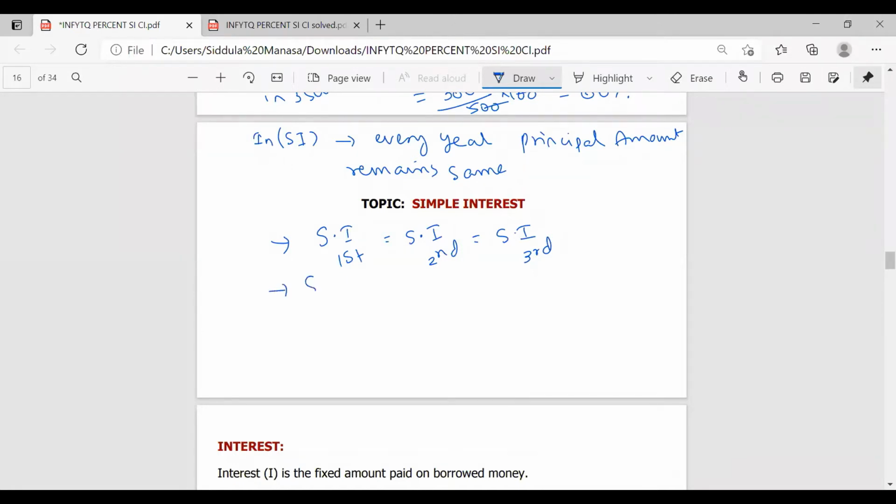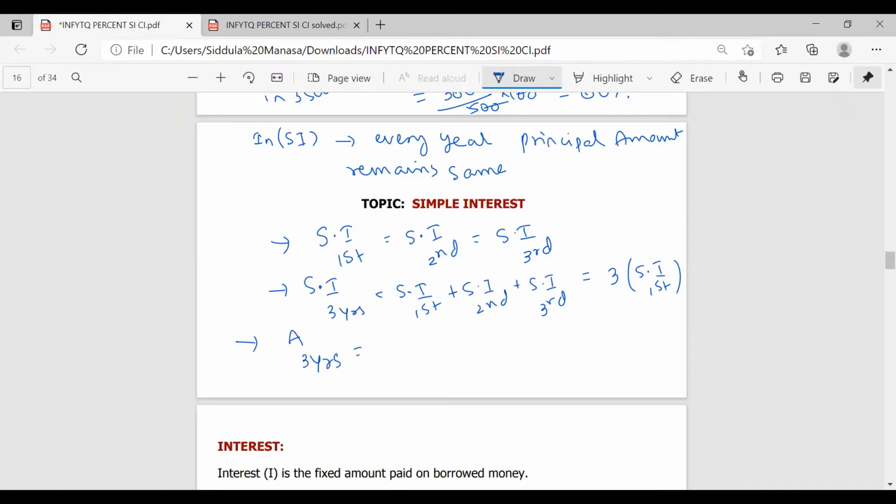If I want to write simple interest for 3 years, that will be equal to simple interest for the first year plus simple interest for the second year plus simple interest for the third year. That I can denote as 3 times simple interest for the first year, because all of them are the same. What is the amount you are going to receive at the end of the 3 years?